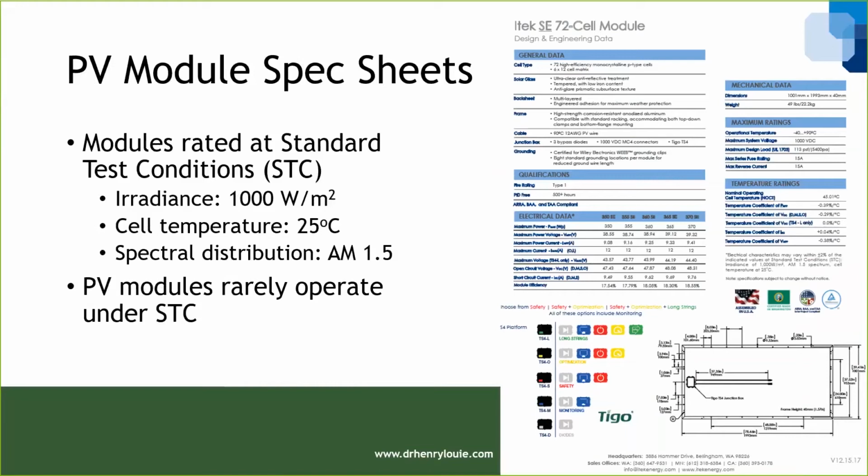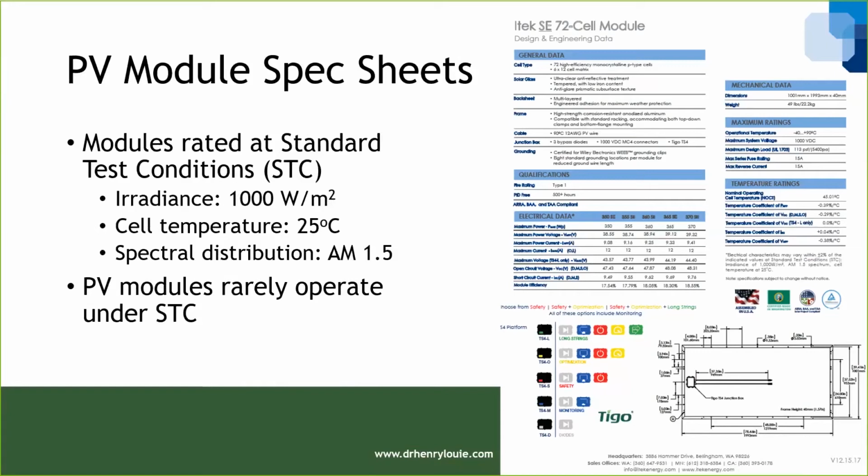So one of the most important things to understand about PV module spec sheets is that the values that you see have all been tested by the manufacturer at a reference condition. And that reference condition is called standard test conditions, or STC.